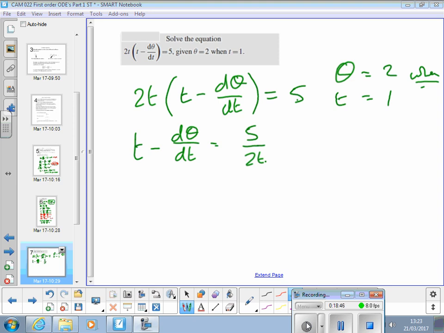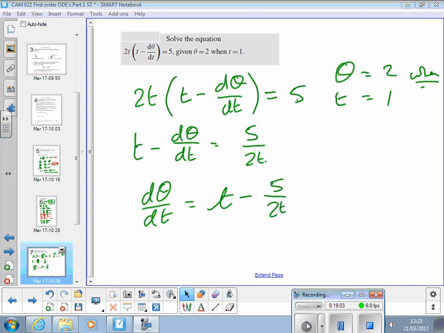Anyone not see how that's arrived at? If you subtract a t from this side, you end up with minus d theta by dt.